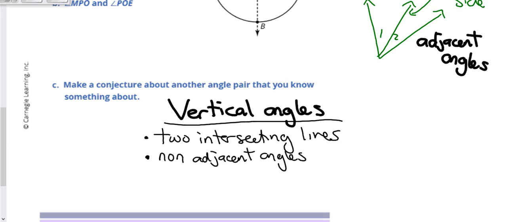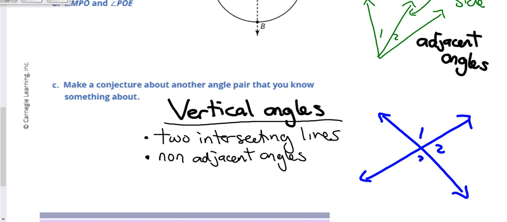So for example, I have two intersecting lines here that make 4 angles. 1, 2, 3, 4. But 1 and 4 are adjacent. 1 and 2 are adjacent. 1 and 3 are non-adjacent. So 1 and 3 are vertical angles.